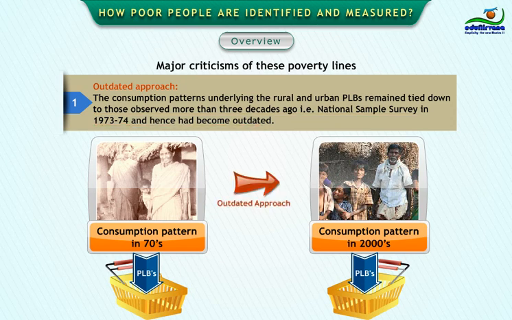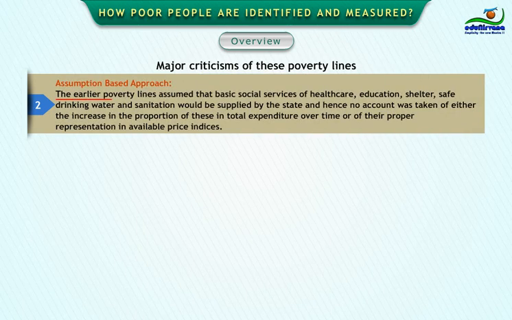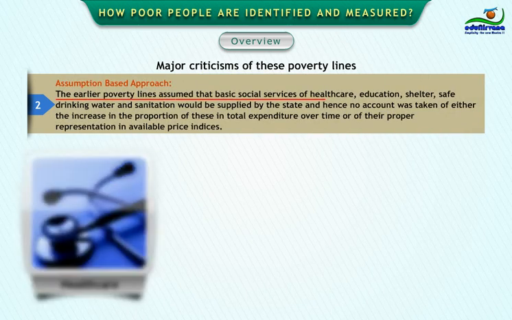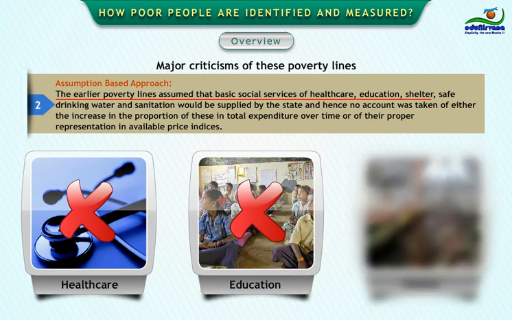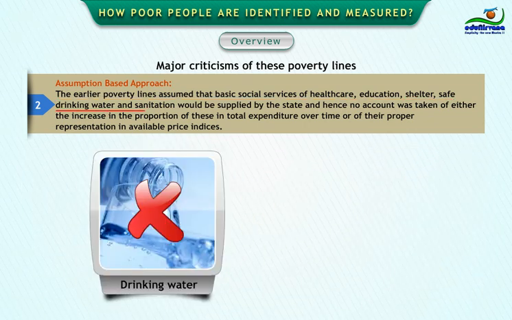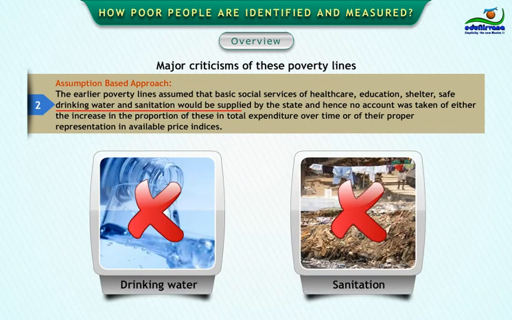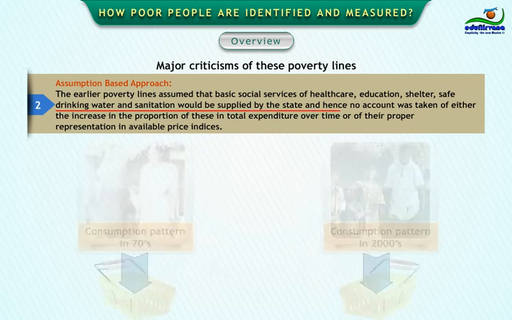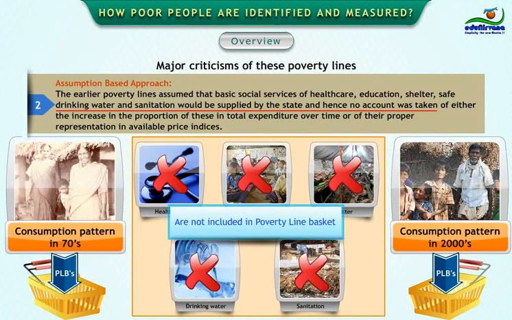The earlier poverty lines assumed that basic social services of healthcare, education, shelter, safe drinking water, and sanitation would be supplied by the state, and hence no account was taken of either the increase in the proportion of these in total expenditure over time or of their proper representation in available price indices.